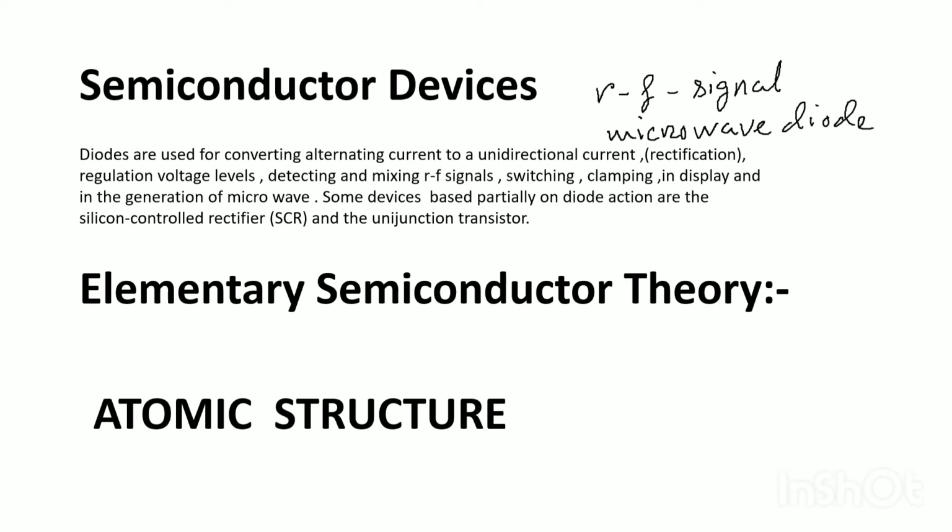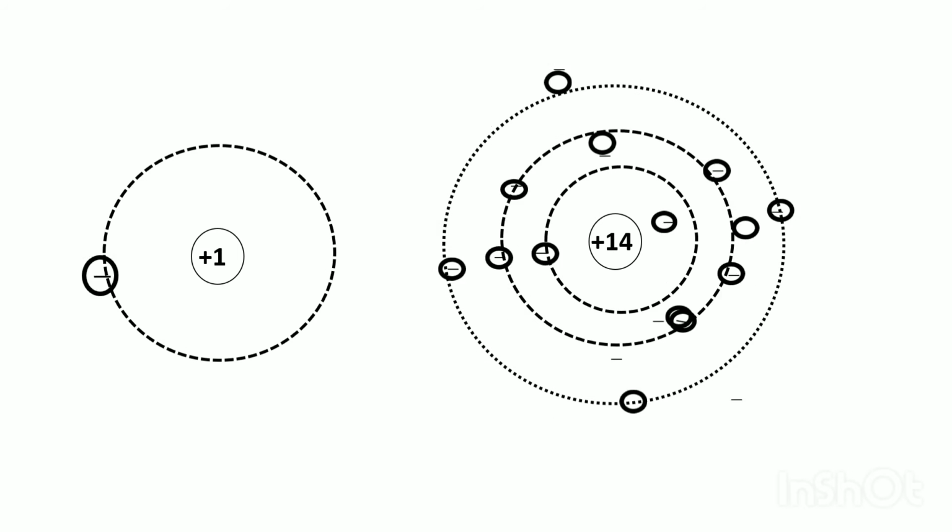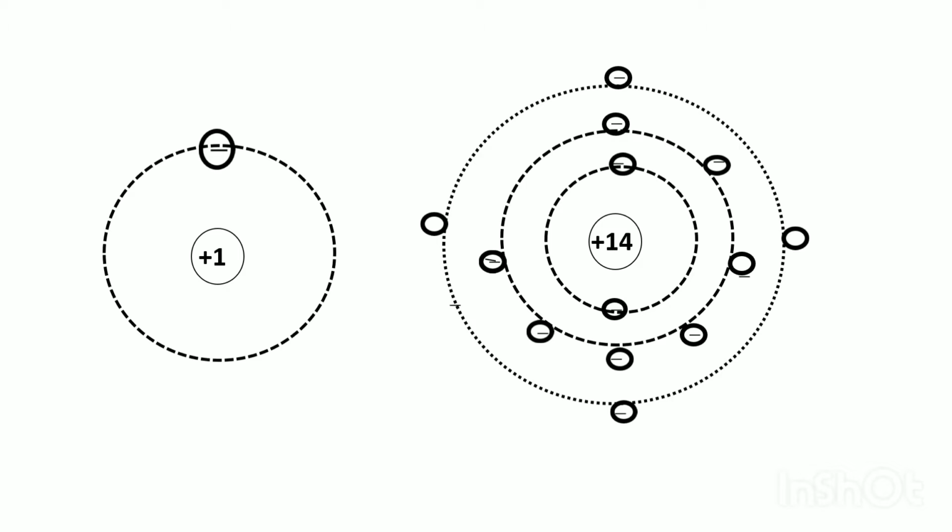Atomic structure. According to the particle picture, the structure of an atom is analogous to a miniature solar system. In the center of the atom is the nucleus, which contains positively charged particles called protons and, for many atoms, electrically neutral particles referred to as neutrons.